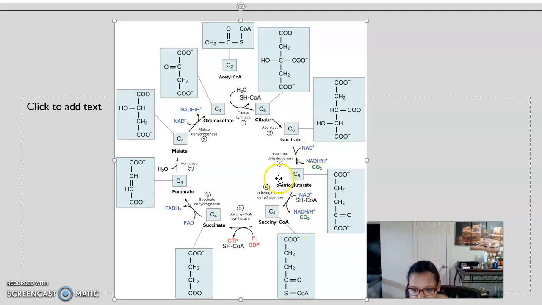These steps, 3 and 4, are decarboxylation steps, and step 5 is when a phosphate group is substituted for coenzyme A and a high energy bond is formed.